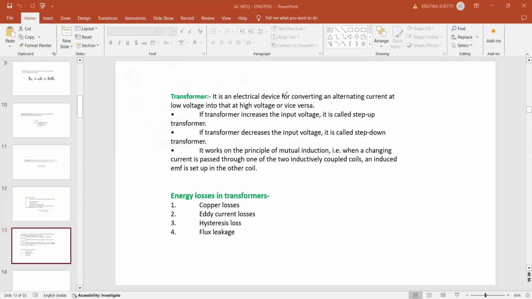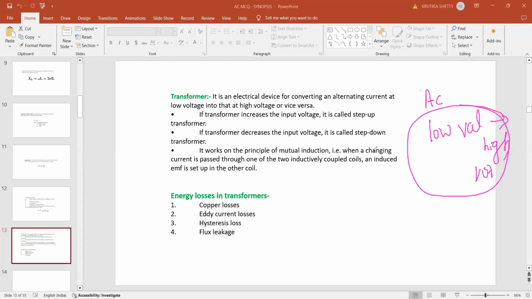It is an electrical device for converting an alternating current at low voltage into that at high voltage or vice versa. So here we are converting an AC current of low voltage into high voltage. The device that converts low voltage into high voltage, what is it called?